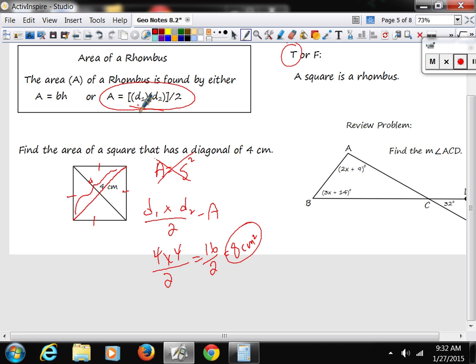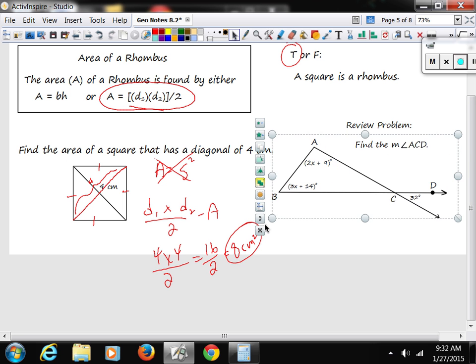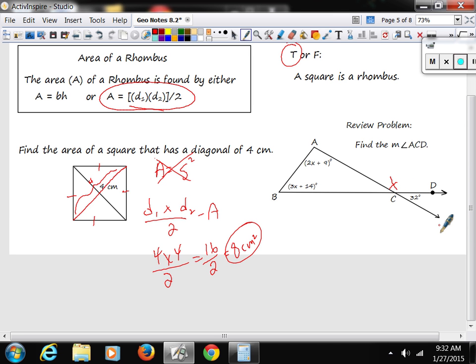Okay, a quick review problem over here. Find the measure of angle ACD. That's this angle right here at X. 2 ways to do it. There's an easy way and a harder way. Easy way would be what?